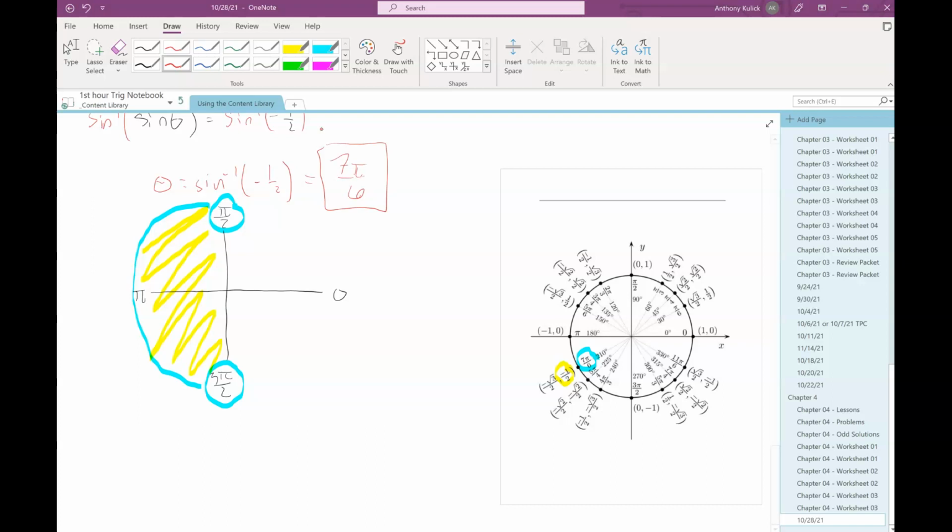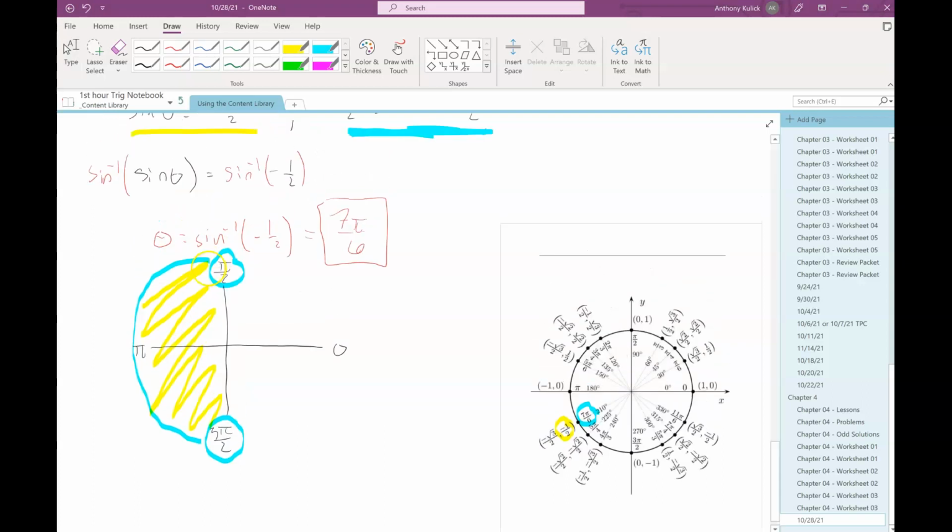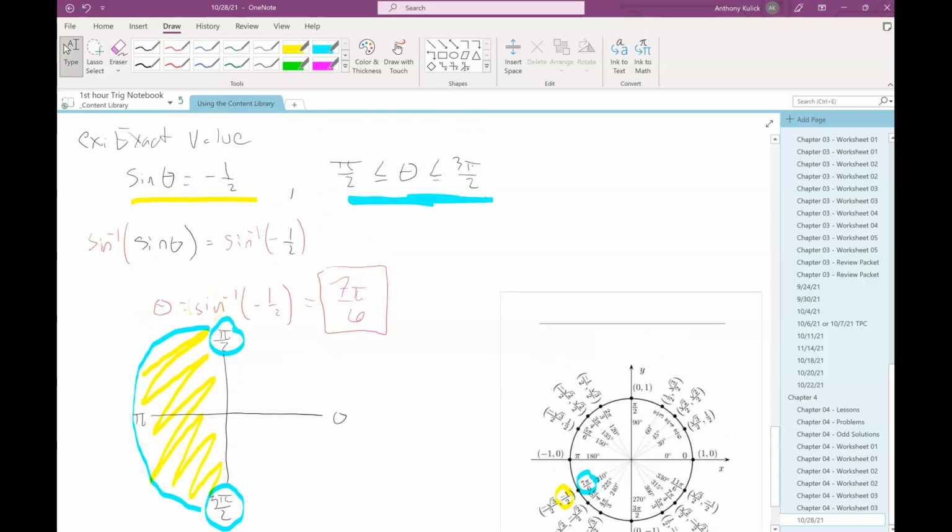Why is it okay that this answer is coming in quadrant 3? Because here we're actually solving for theta. We're solving an equation for theta. We're not just evaluating sine inverse of a number.